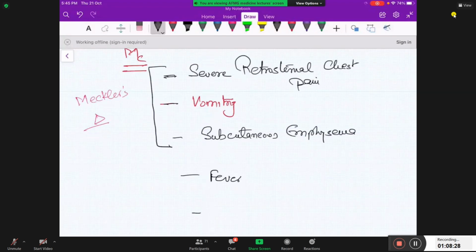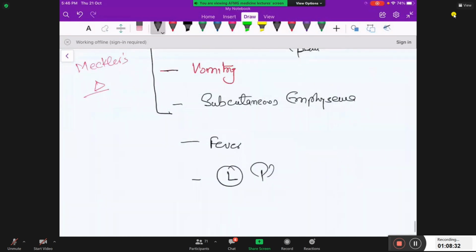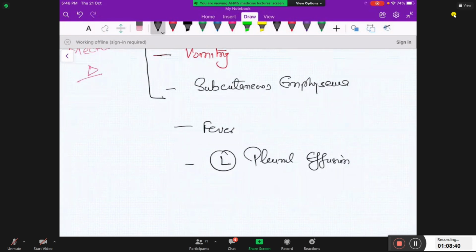Patient can have left-sided, important point, left-sided pleural effusion also.